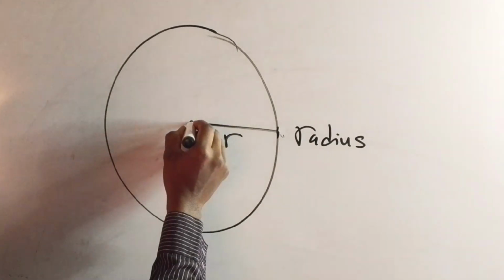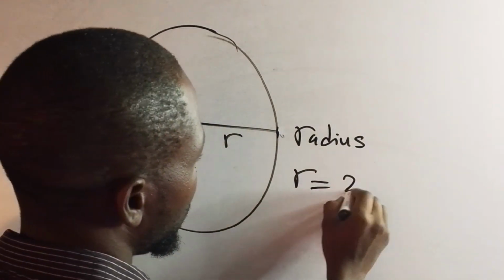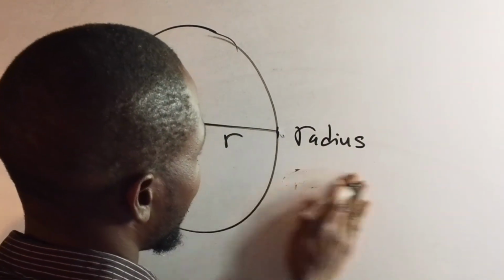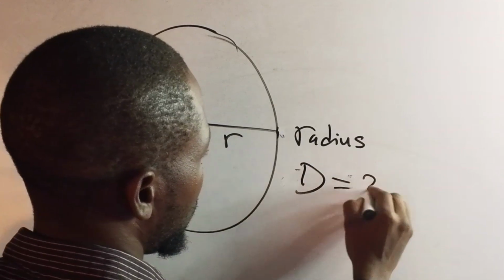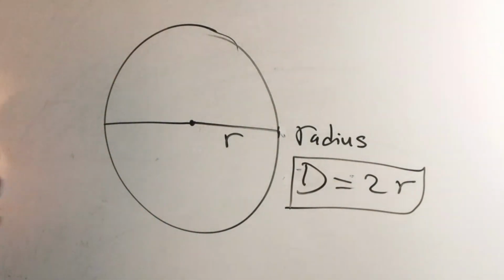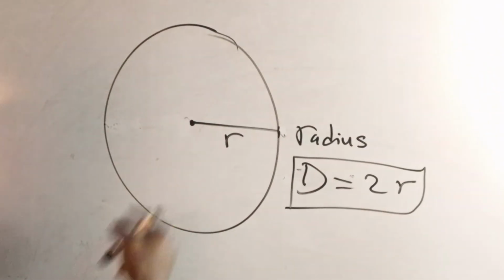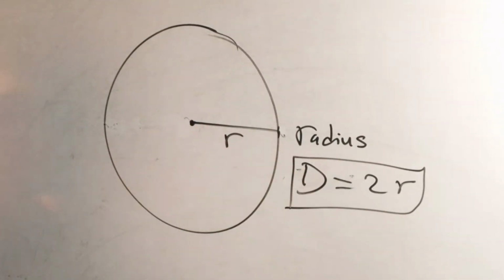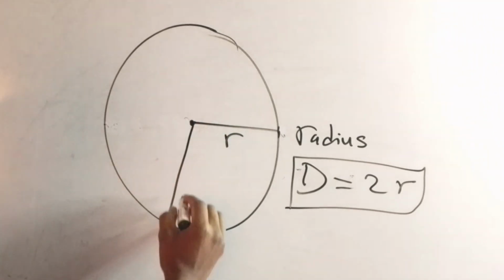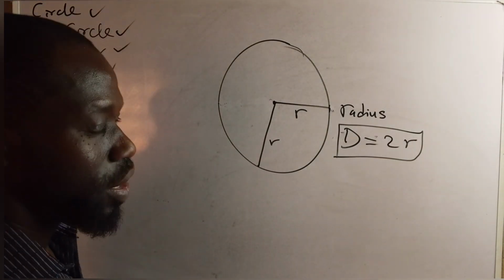Now, if you have two of these, it gives you diameter. So diameter is 2r. Yeah, two radii can give you a diameter. But note that radius is what? The line from the center to the circumference, which can go in any direction. It's still radius. It's always the same round the circle.